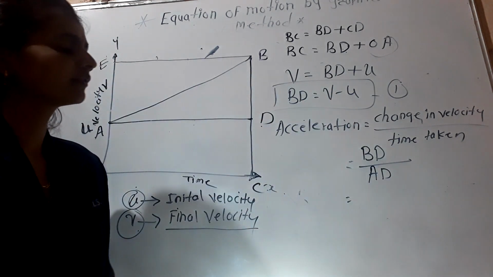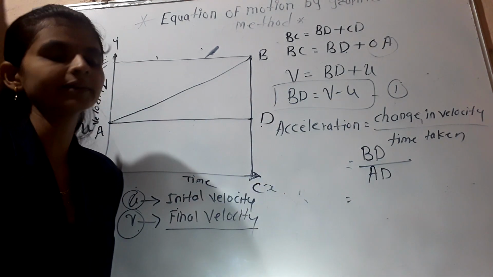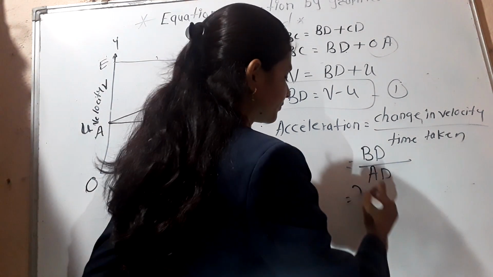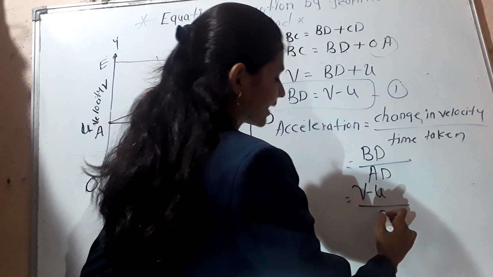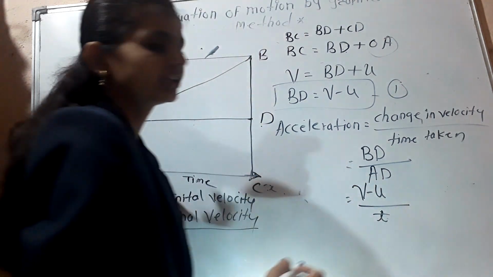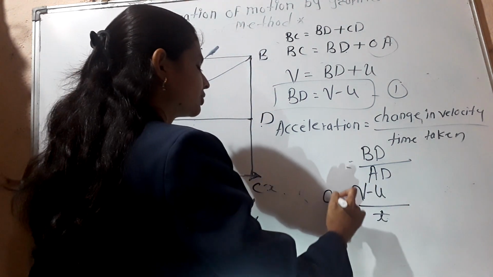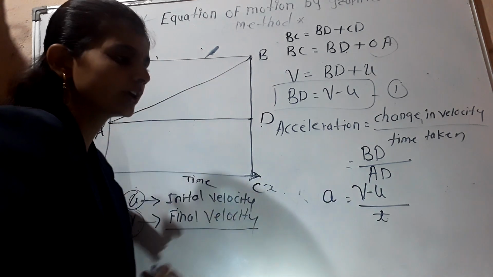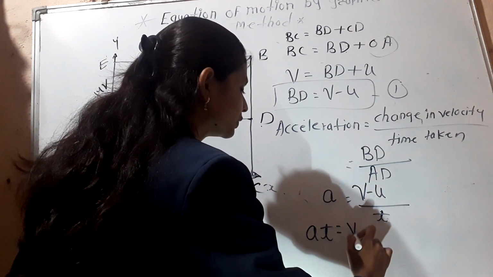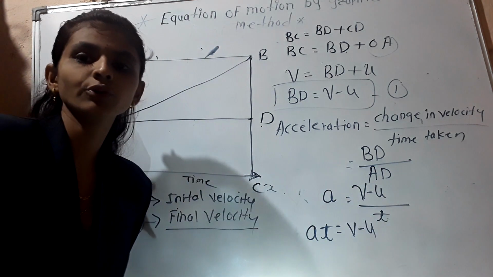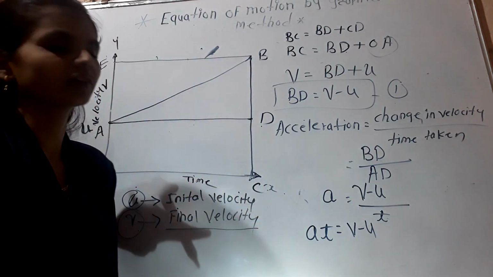We already have one formula, that is BD is equal to V minus U. So here instead of BD we can put V minus U, and AD is the time taken, that's why T, and acceleration is always denoted by small a. So here we can solve the formula: AT is equal to V minus U. Students, we know how to solve the given equation.